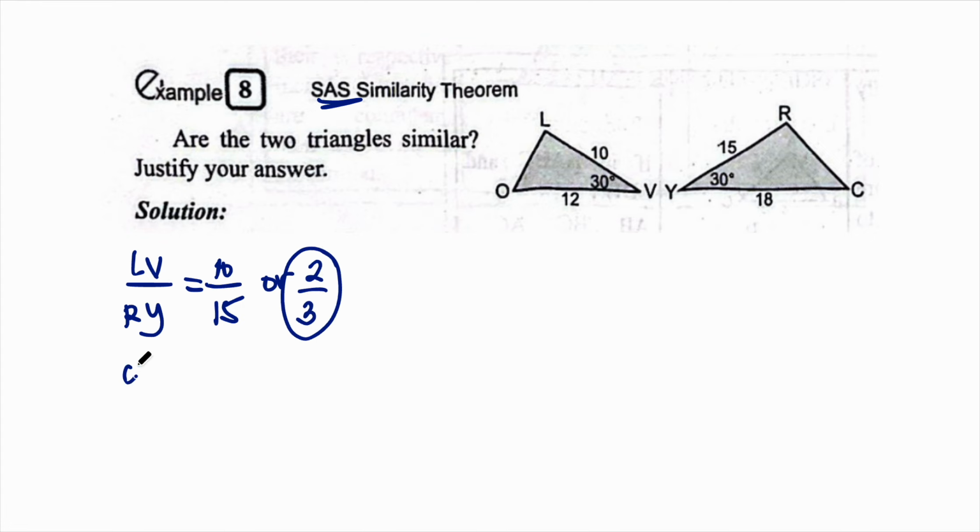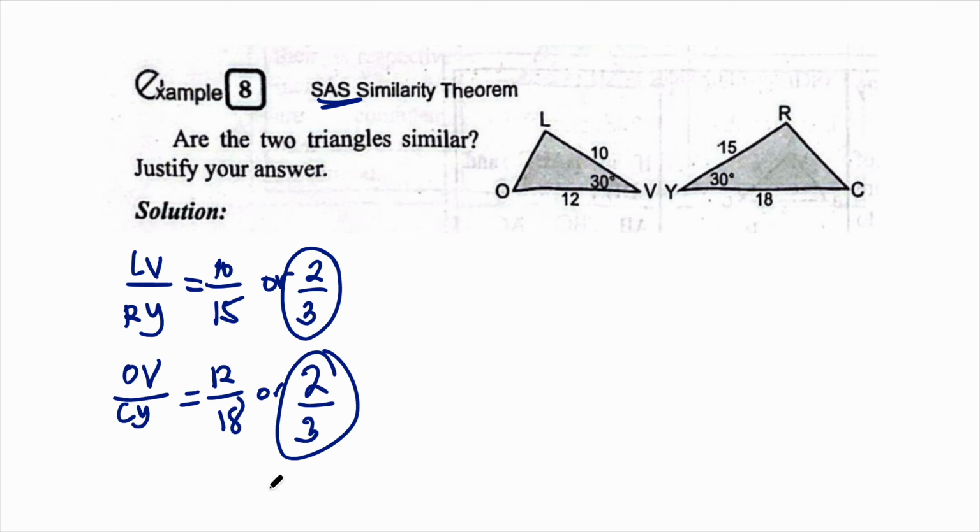Okay? OV, also, the ratio of OV and CY is similar. CY is 12 over 18. When we get the lowest terms, or the LCD, we have 2 thirds as well.